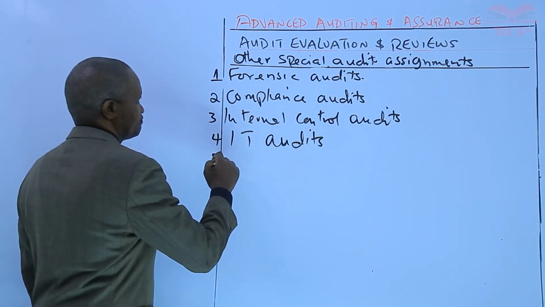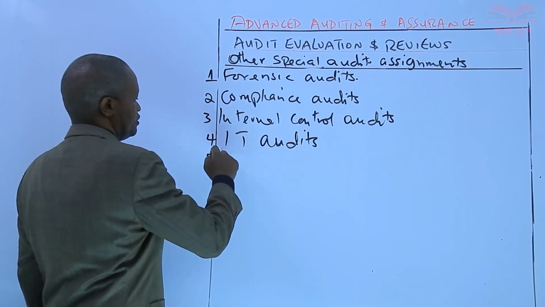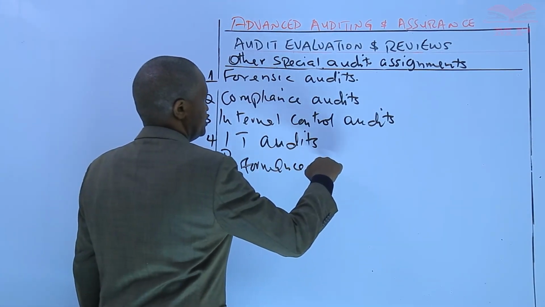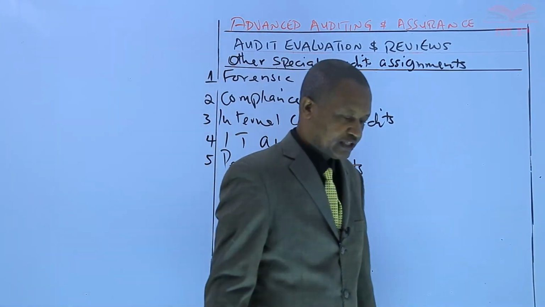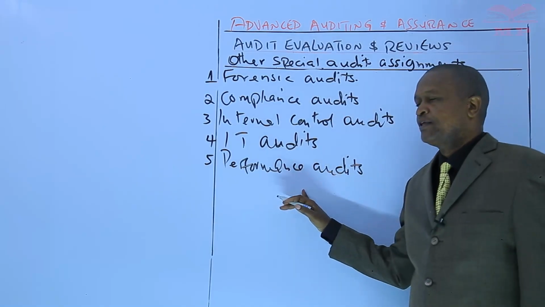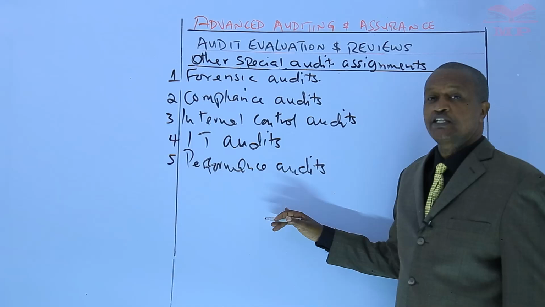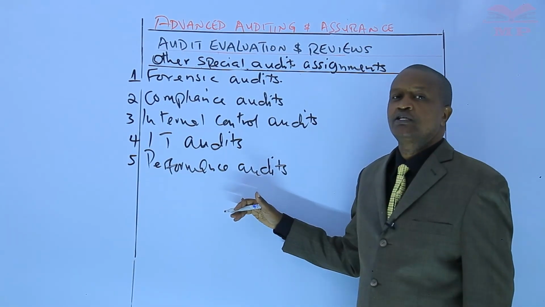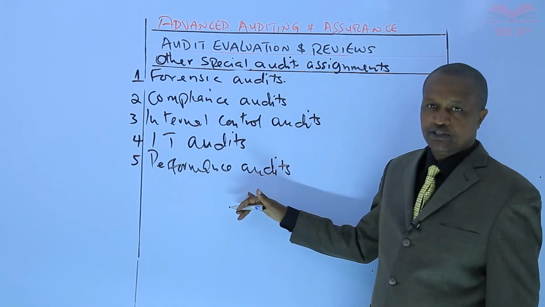Number 5, performance audits. What are performance audits? Now, performance audits assess the efficiency, the effectiveness, and also the economy of an organization's operations or specific programs.